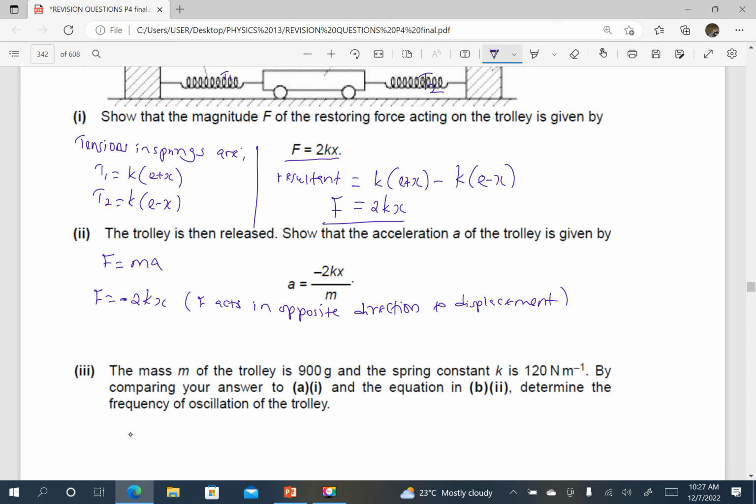So we now use Newton's second law. We shall say ma is equal to negative 2kx, where when we make a the subject, we see that acceleration is going to be equal to negative 2kx divided by m. So these are only 2 marks. 1 mark will be for that, and the second mark will be for appreciating that you are using Newton's second law.